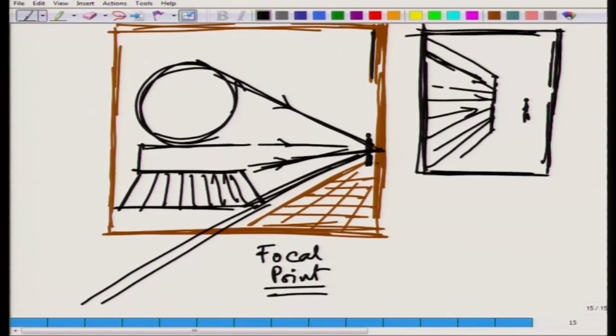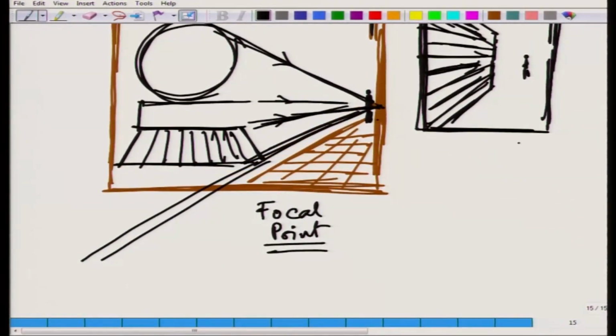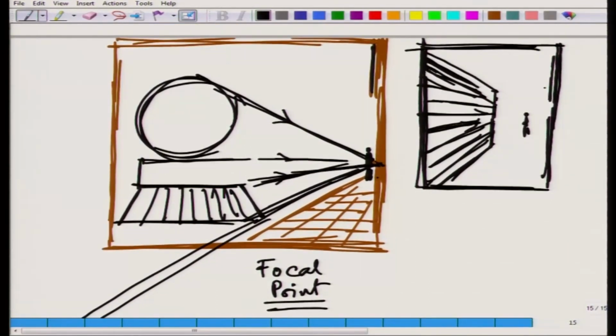Similarly, here if you want this small character to get some importance, then let us have it in a linear perspective and let all the lines direct towards this part. There can be more areas like that, where the vanishing point is situated in an asymmetrical position.